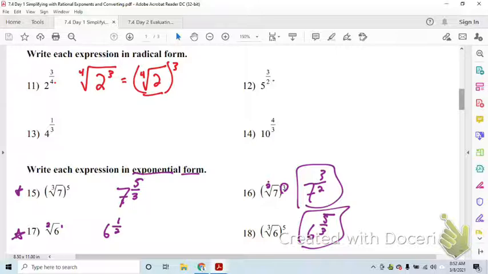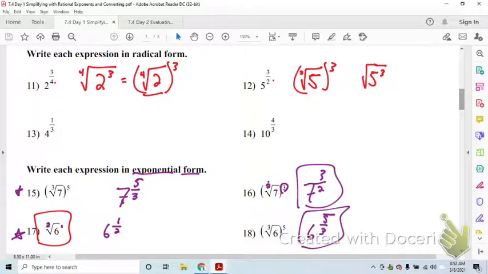Now, this one, when there's a 2 there, just like we talked about down here, that means there's a square root. So it'd be the square root of 5 to the 3rd power, or root 5 to the 3rd power in there. Be careful how you write them, okay? Since we could put a 2 in there if we really needed to, but we don't need to because square root's basically its own entity anyway.